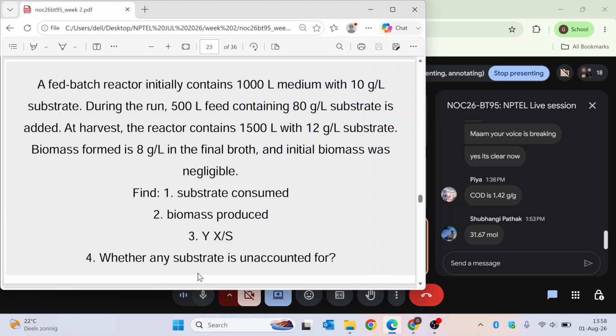The initial biomass was negligible. You have to find the substrate consumed, the biomass produced, the biomass yield, and whether there is any substrate that is unaccounted, or is everything perfectly balanced. This is also a mass balance based question only.